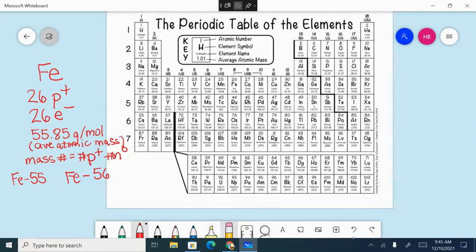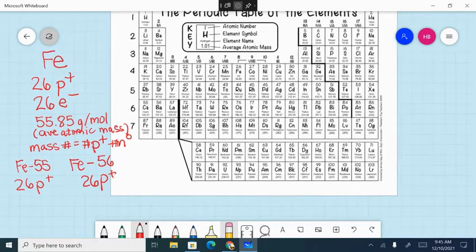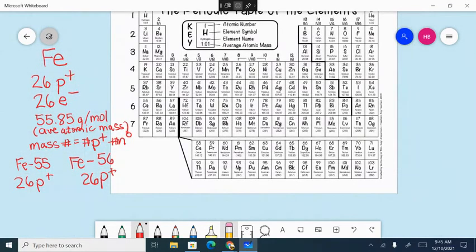Iron 55 still has 26 protons, just like iron 56. If it doesn't have 26 protons, it is not iron. So what it differs by is the number of neutrons.